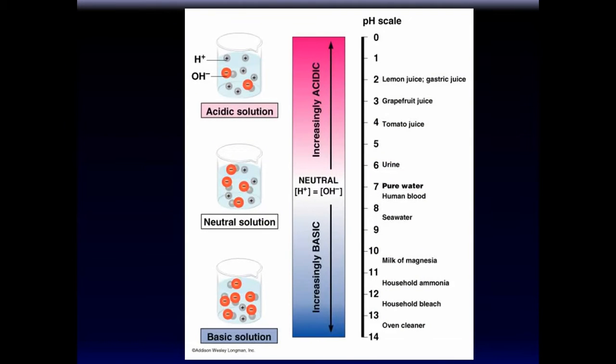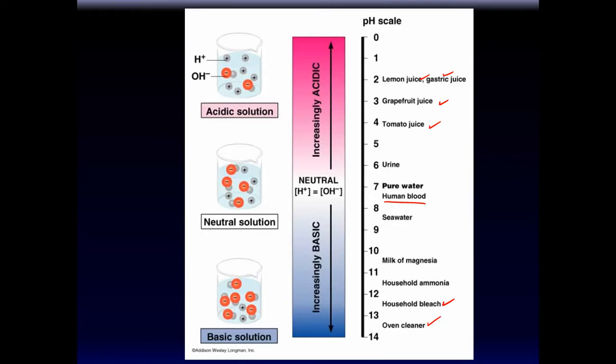Pure water has a pH of 7. Normal human blood pH is about 7, and grapefruit juice is acidic, lemon juice, gastric juice very acidic, tomato juice is acidic, and some bleach is basic.